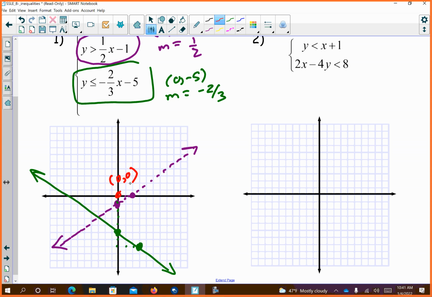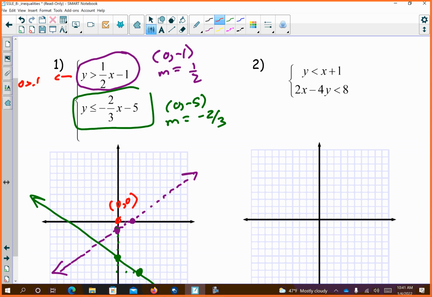Is above it? Maybe a little bit to the left. We had to give it a little bit of direction. Where is 0, 0 in relationship to our green line? Up and to the right? Okay. So 0, 0 is, I'm pretty confident that it's not on one of my lines. Agreed? All right, so we're going to take 0, 0, and we're going to plug it in.